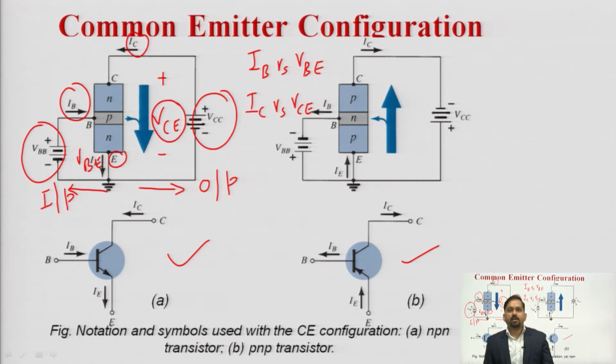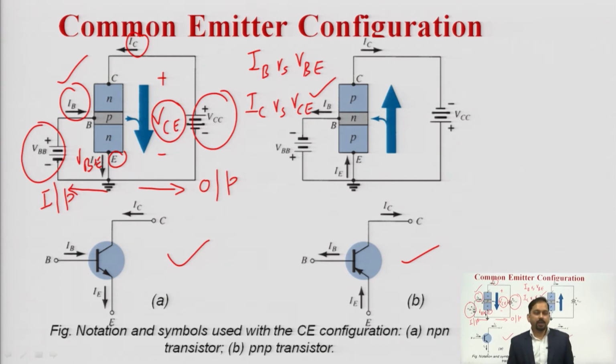We will see the effect that if we vary VCE, then what is the effect on the base current. Similarly, in the output characteristics, which is between IC and VCE for different values of base current, we will see the behavior when IB increases.